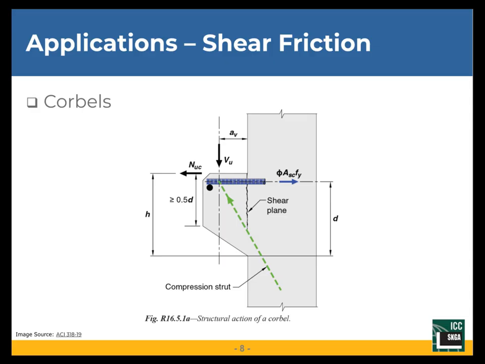And when you're going through the design of a corbel, 318 requires the overall height of the corbel to be designed based off the shear friction transfer strength that you can get across that potential shear plane they're showing there. So that's the first primary mechanism of where we see a shear friction transfer.